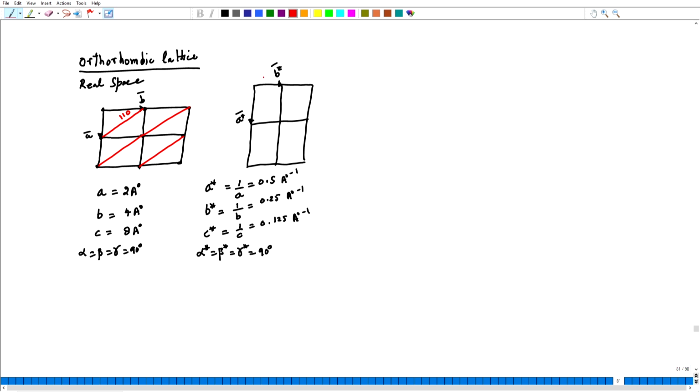So, let me start labeling each of the lattice points. In the real lattice I have labeled them, and let me also label them here. These are the reciprocal lattice points.